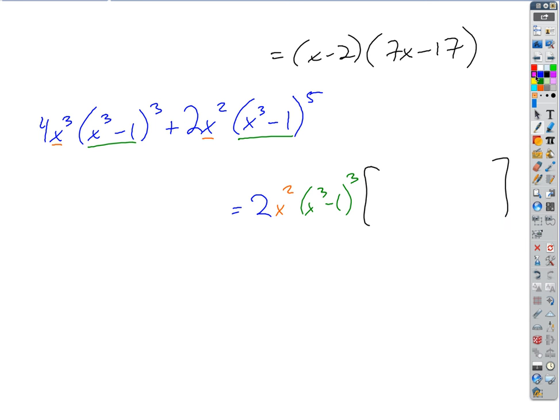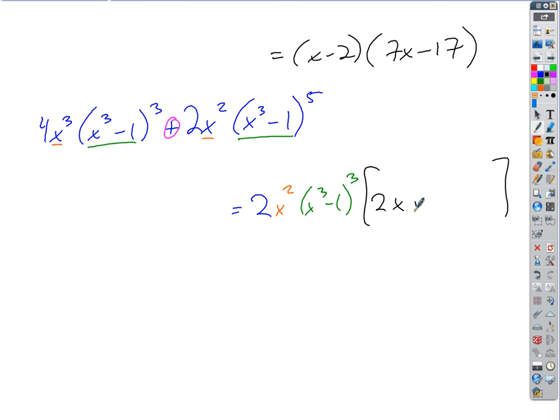Here's the plus sign that separates the 2 terms. So from the first term, what's left over if I divide this stuff away? 2x. 4 divided by 2 is 2, x cubed divided by x squared is x. X cubed minus 1 quantity cubed divided by itself is 1. So that's all that's left from the first term, okay?